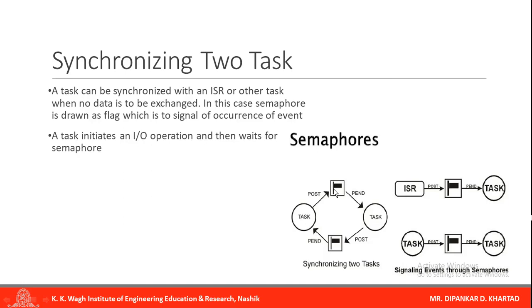A task initiates an input output operation and then waits for the semaphore. After getting the semaphore, both the tasks will work. So that's why synchronizing of two tasks is possible by using a semaphore. So it has unilateral operations.